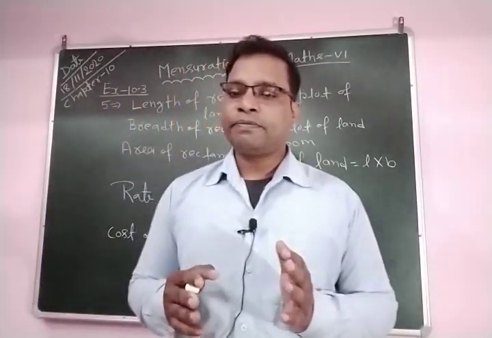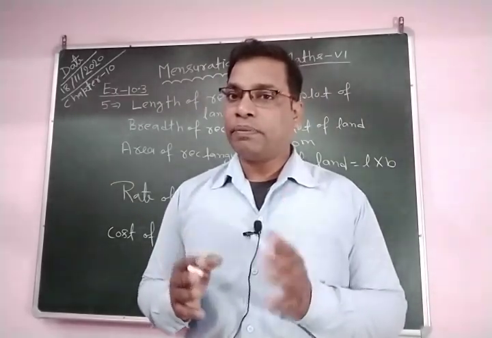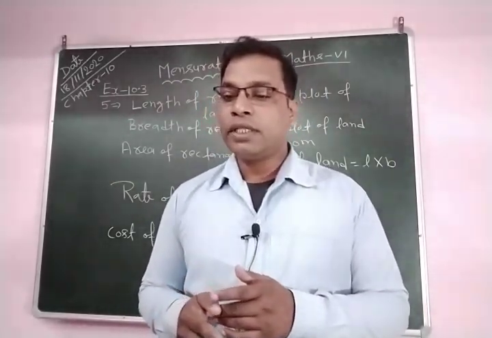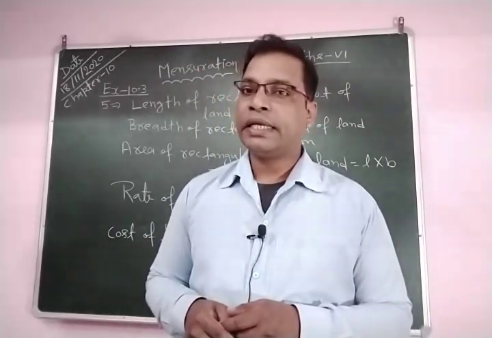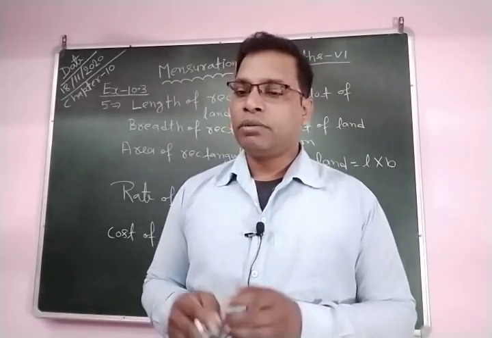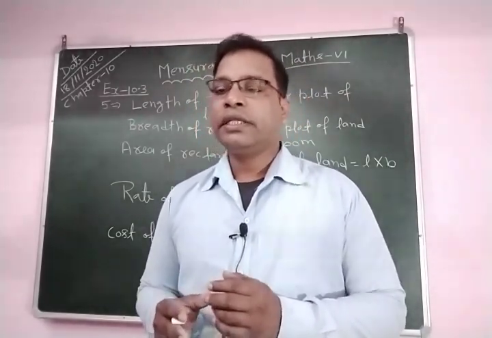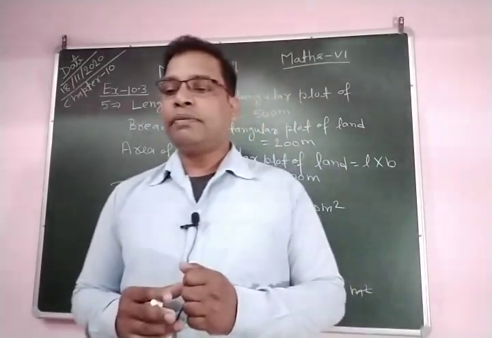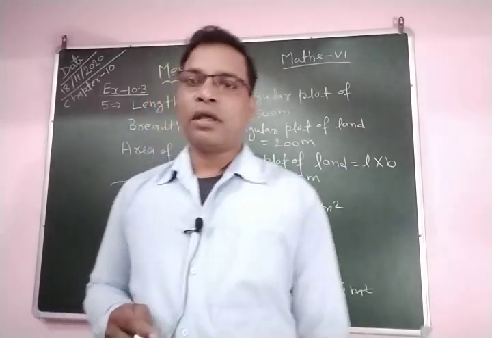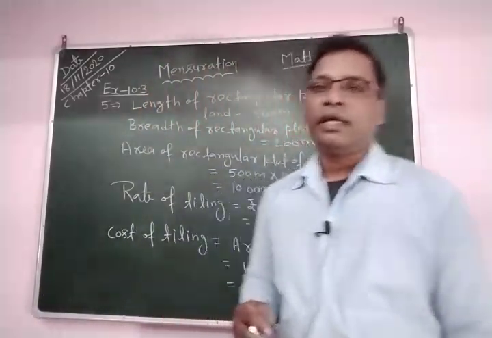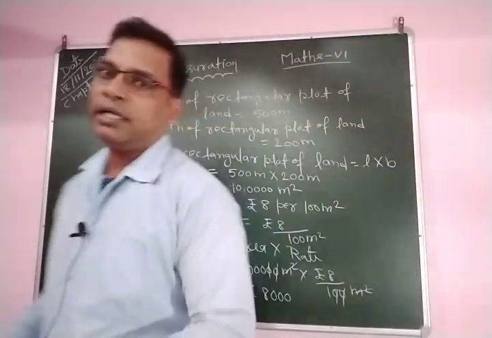The area of a rectangular tabletop is L into B. Length is given as 2 meters and breadth is given as 1 meter 50 centimeters. If you multiply 2 meters into 1 meter 50 centimeters, then you obtain the area of the tabletop. Let's see how we can solve this question.